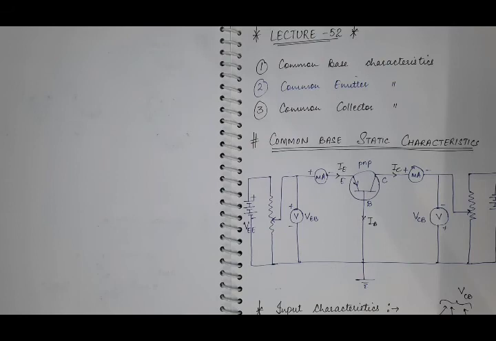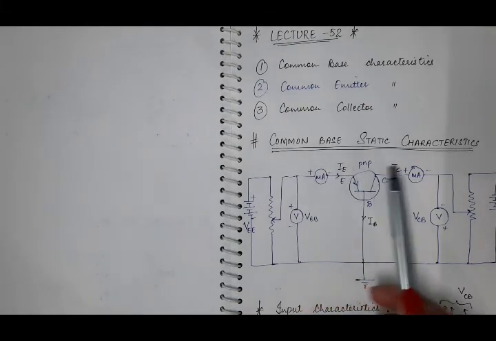Now the diode is only a one port device, so it has simple VI characteristics which we have already studied in chapter number 2. Then comes transistor. Because of its three terminals, it is a two port device. That is why it has two types of characteristics.